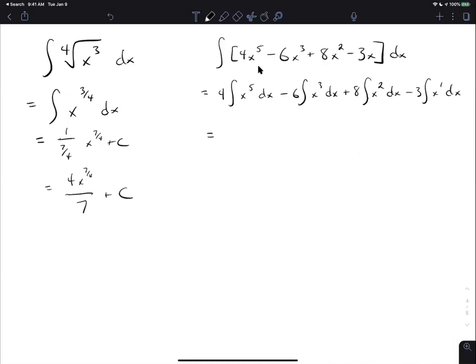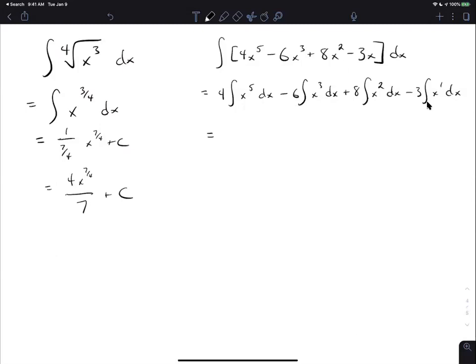So I'm splitting, adding, and subtracting, and I'm pulling constants out. Again, this is one where maybe most of us could do this without this step, but now every one of them looks exactly like one of the rules, x to the n dx. They all look like that one.